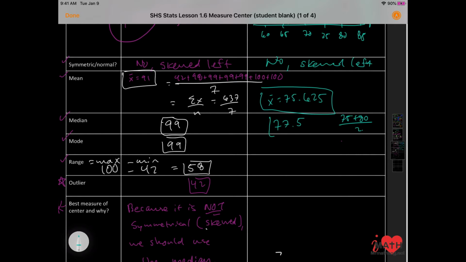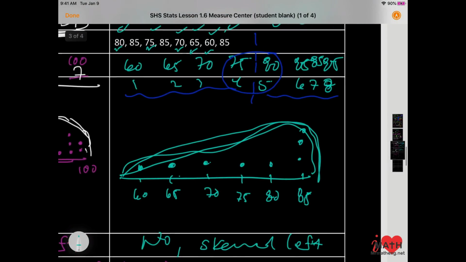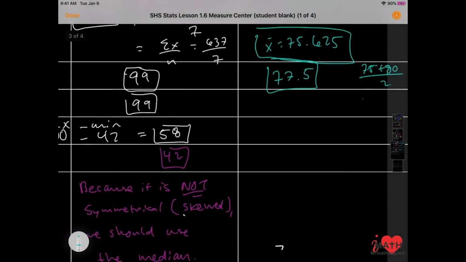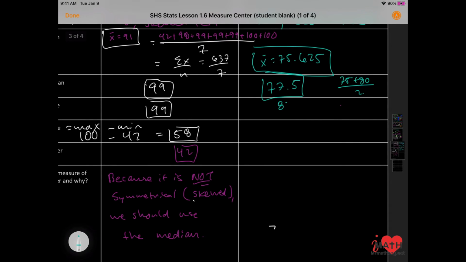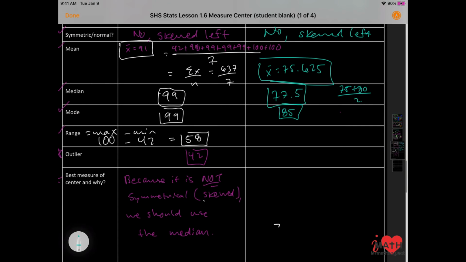is our median. Okay? Mode, what number happens the most? That would be 85. And then the max minus the min, 85 minus 60. So in this case, my spread is not as much, right? You see the difference there?